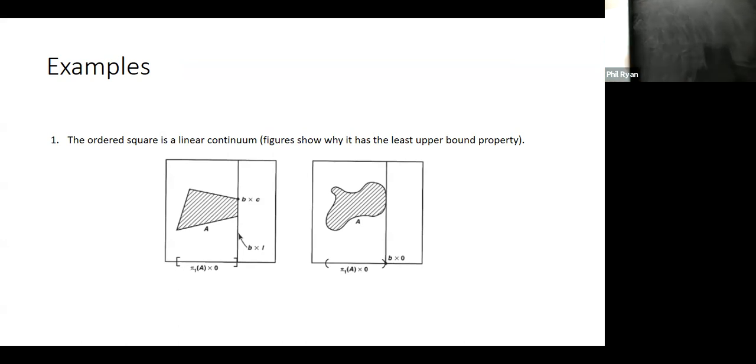So let A be our subset, and we want to show that A has a least upper bound. Well, let's have a look at the projection of A onto the first coordinate. That's going to be a subset of I, and so from the reals it inherits the least upper bound.